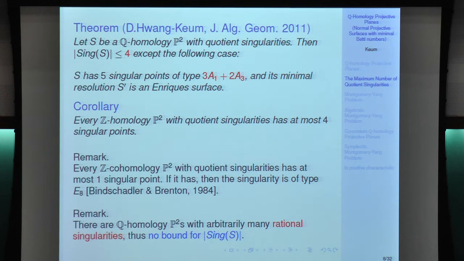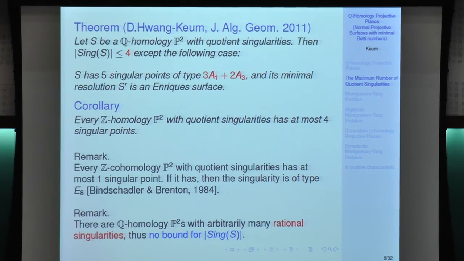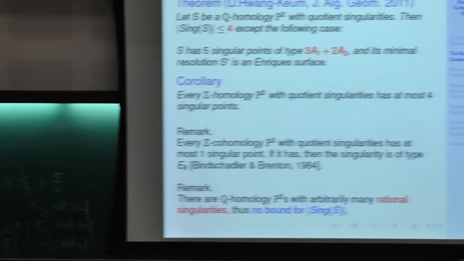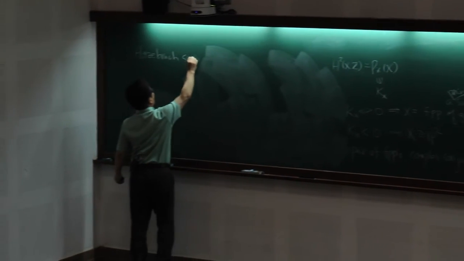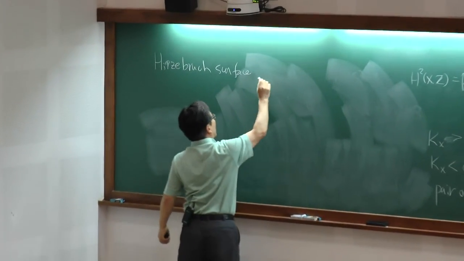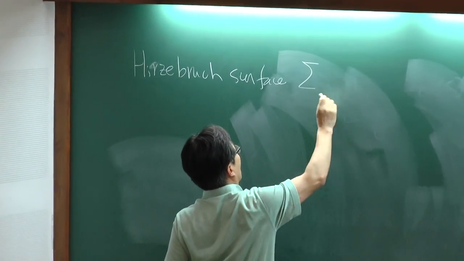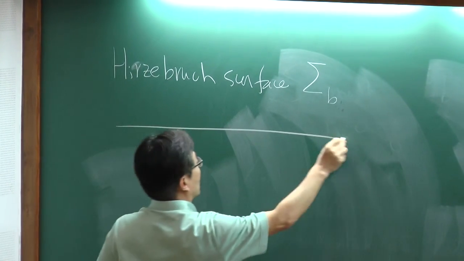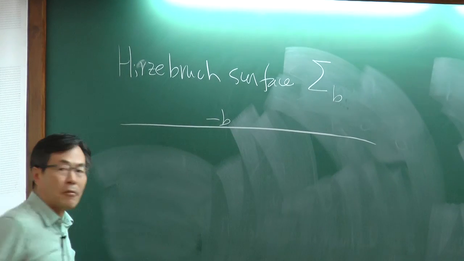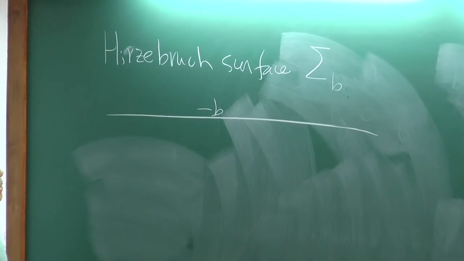Here's an example. You take a rational ruled surface, Hirzebruch surface, with negative section sigma, say.